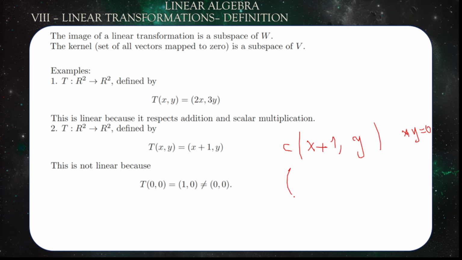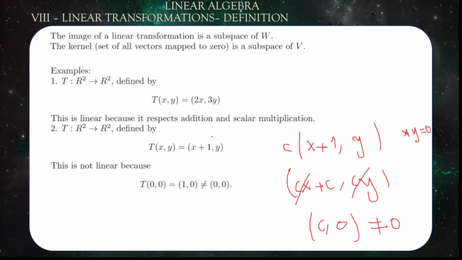So this gives us cx plus 1 and cy. Now for x and y equal to 0, this becomes 0 as well, and we are left with c times (1, 0), which is different from 0. Hence, it is not linear. That's another reason for that.